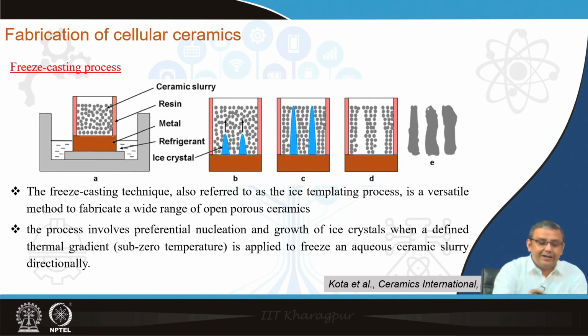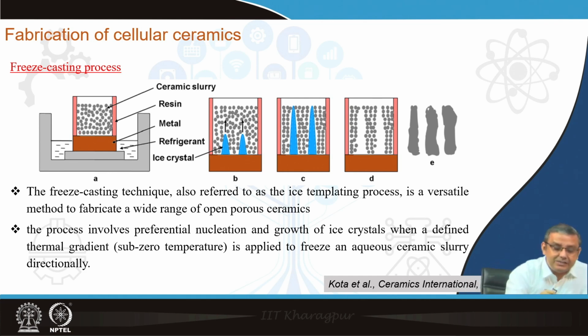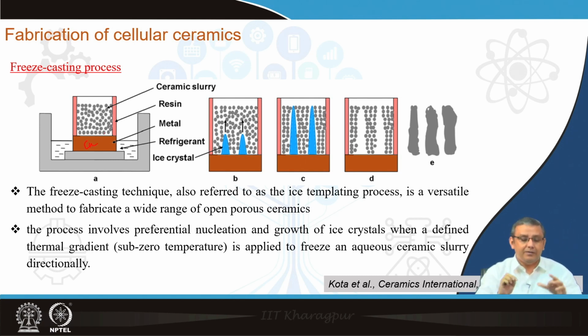As you can imagine, the container is made in such a way that the bottom is made of a highly conductive metal like copper, a copper base, and the surrounding is made of a low conductivity material like some kind of polymer. Then in this container a ceramic slurry is taken.